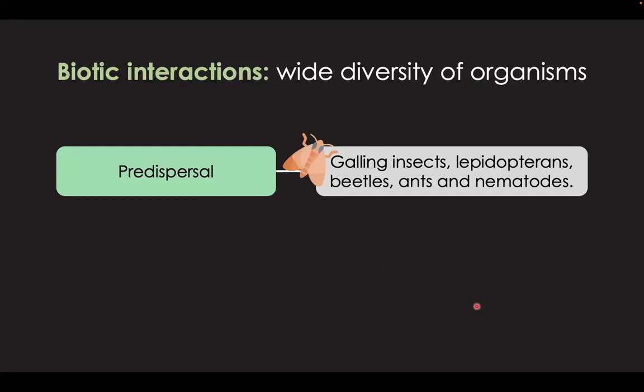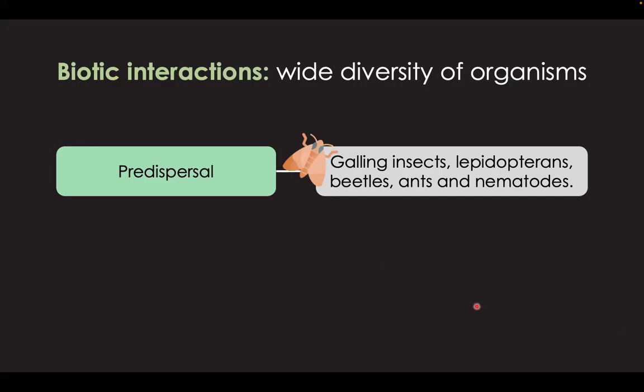In the case of predispersal interactions, melastome seeds interact with a huge variety of organisms: galling insects that parasitize fruits and ovules, lepidopterans that predate fruits and seeds, beetles that consume seeds while they are still forming inside the fruit, ants, nematodes, and so on. We have a huge community of organisms interacting with melastomes.